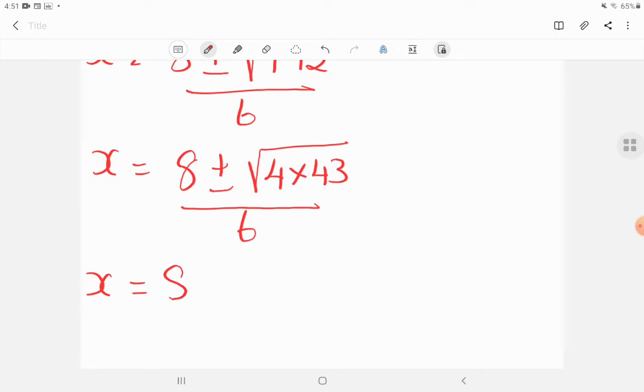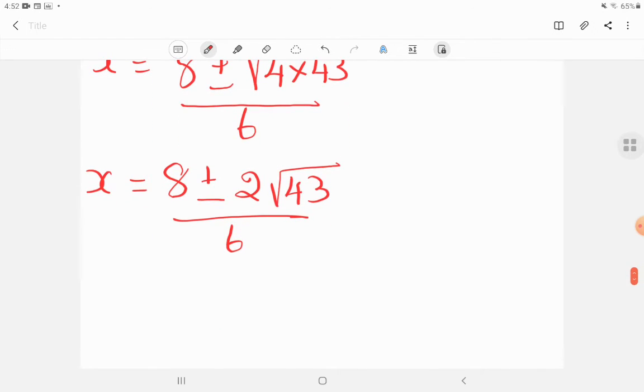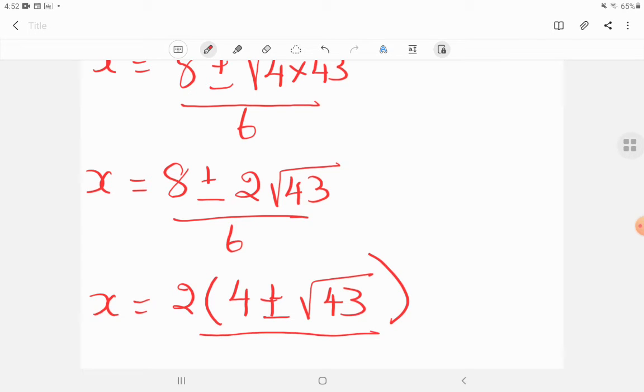We write this as 8 plus or minus 2 square root of 43 over 6. Then we can take 2 as the common factor, so you have 4 plus or minus the square root of 43 over 6.